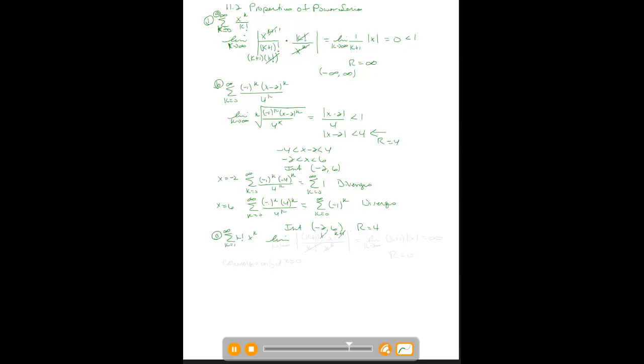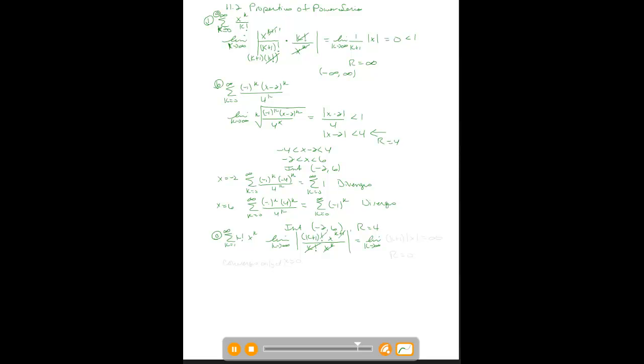So we're taking the limit as k approaches infinity of the absolute value of, oh, this is interesting, there are no denominators here: k plus 1 factorial x to the k plus 1 over k factorial x to the k, which is going to reduce. I can zap out x to the k and leave 1 x, and I can take the k plus 1 factorial, make it k plus 1, and cancel the k factorial.